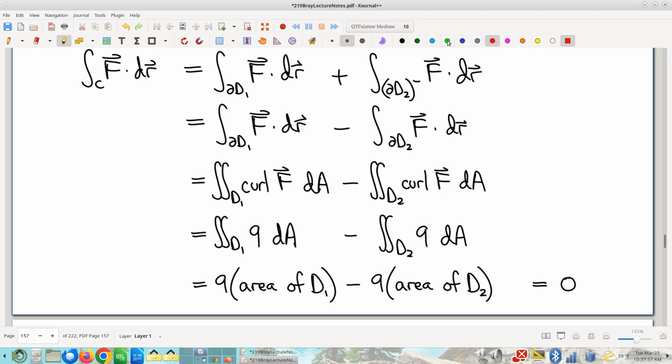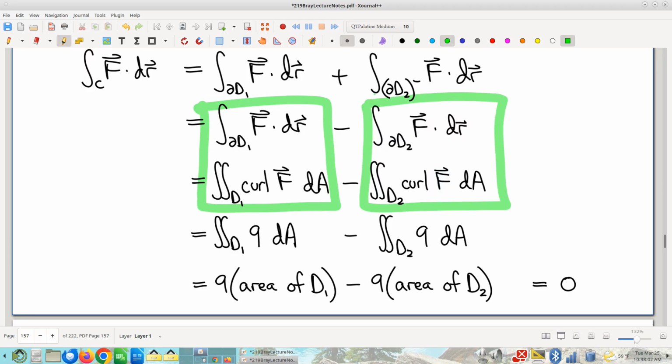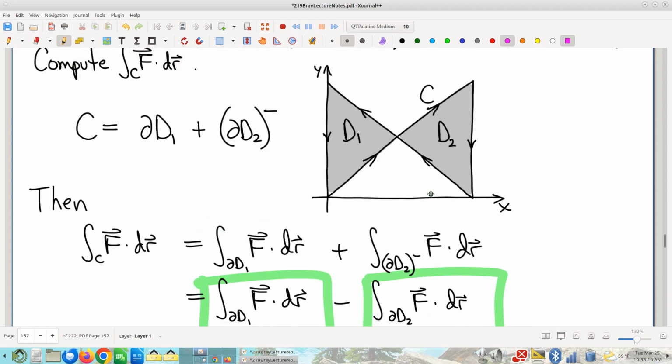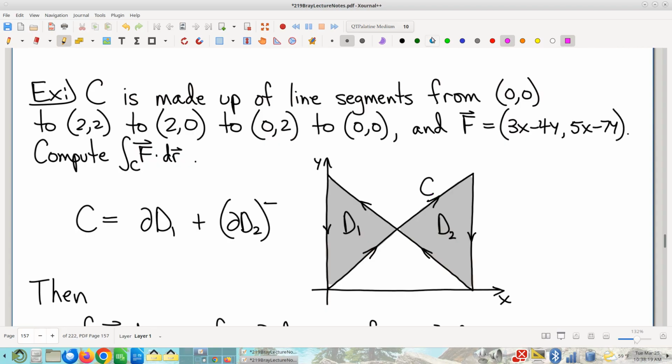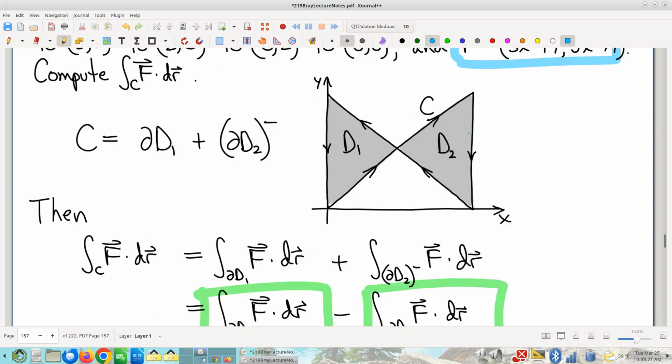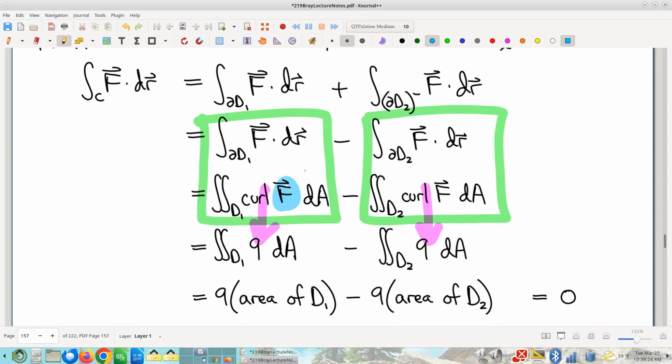And so, once you've got it recognized as boundary circulations, Green's theorem, there's the big gun. Don't forget to compute curl. Oh, whoopsie. Don't forget to compute curl. Now, again, this is just algebra from what you're given. And this vector field that we were given up here, if you compute its curl, it ends up being 9. No big deal. Now that leaves us with a couple of integrals.